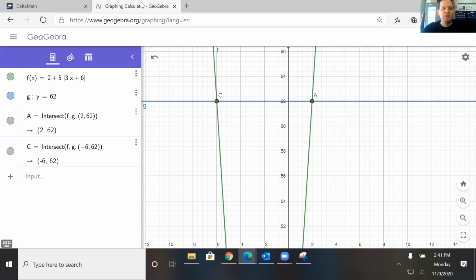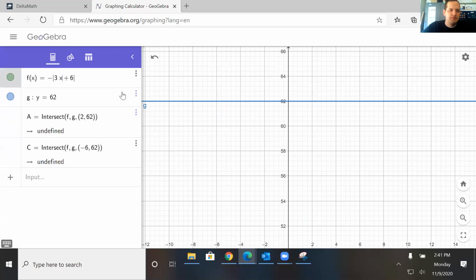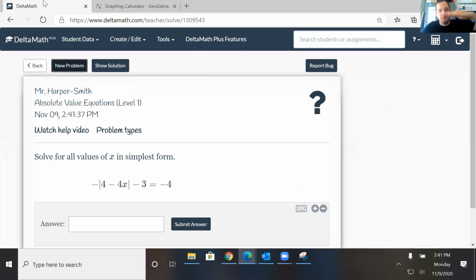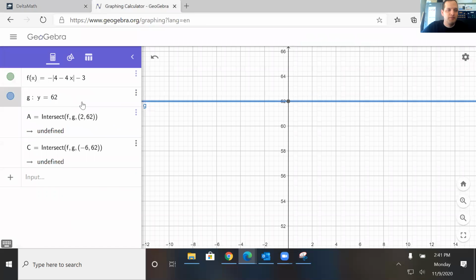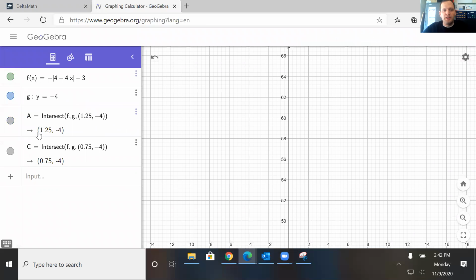Let's try another one. So we've got 4 minus 4x minus 3, and we want to know, where does it equal the line -4? Again, I can look here on this left side. I've got 1.25 and 0.75.